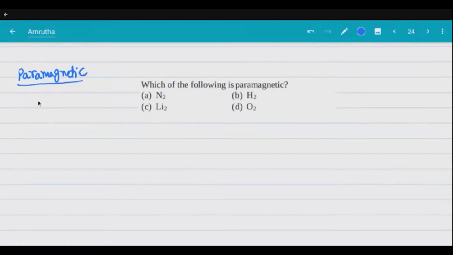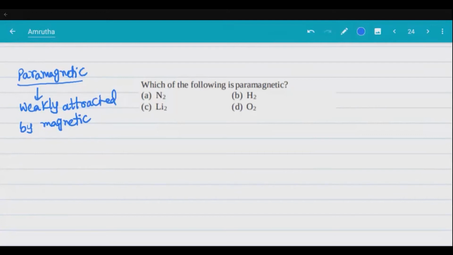It is weakly attracted by a magnet. But sir, how do we know whether these molecules are getting attracted to a magnet? We can't check with a magnet. You can't put the magnet on the laptop or mobile screen and check, right? That is not possible.